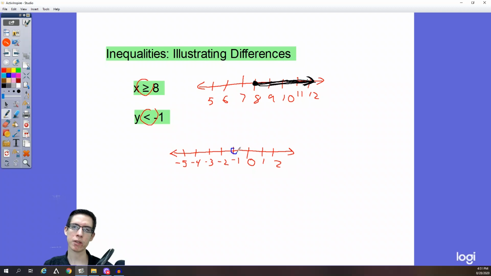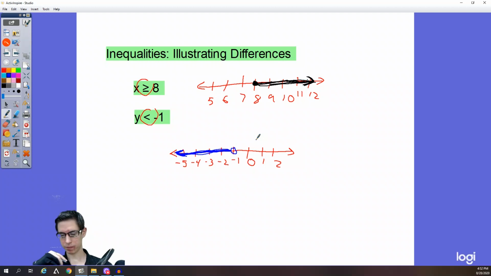We're going to put an open circle on that -1, and then we're going to color in all of the stuff going to our left. And we're going to draw an arrow so that implies that we're going infinitely to the left. So we've got this open circle here, which means not -1 included, but everything to the left.